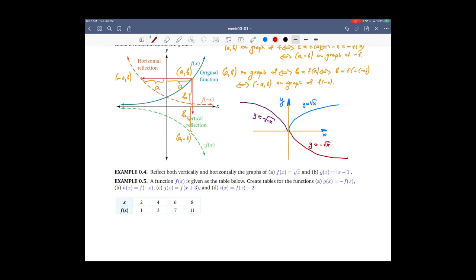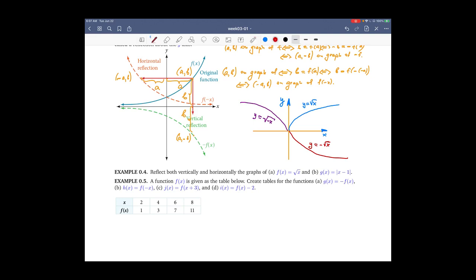We have here function f given by a table, and we need to produce the tables for other functions. Negative f at x, f at negative x, f at x plus 3, and f at x minus 2.